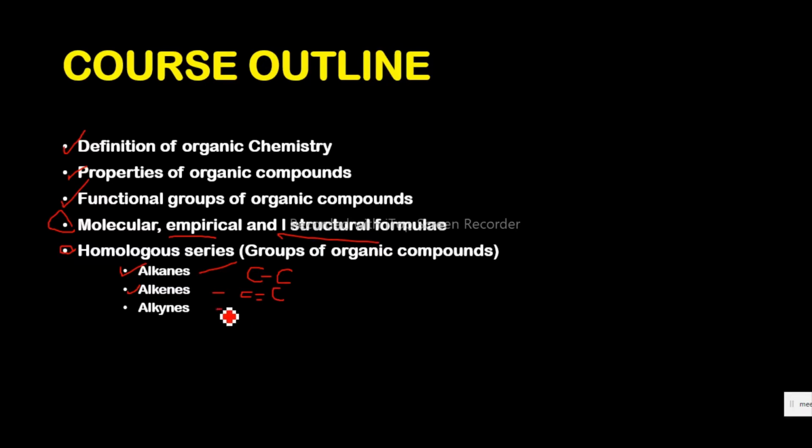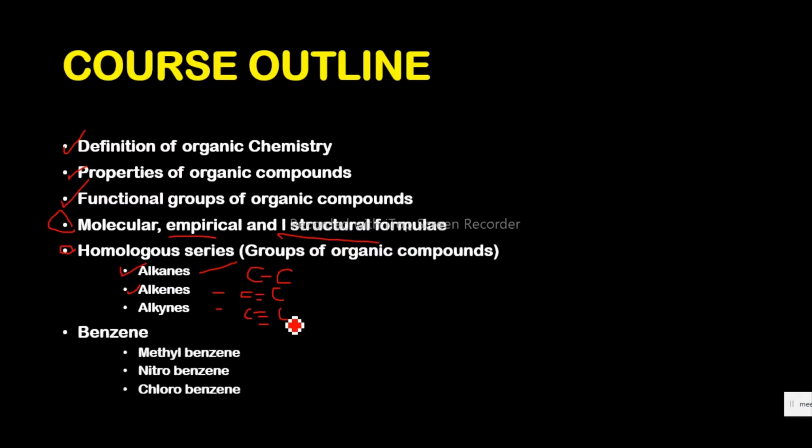Then with alkynes, these ones have a carbon-carbon triple bond. Okay? So we see how these alkynes are going to be prepared under different conditions in a laboratory and on an industrial scale. And then the chemical reactions that these alkynes are going to undergo. So we shall also talk about that.